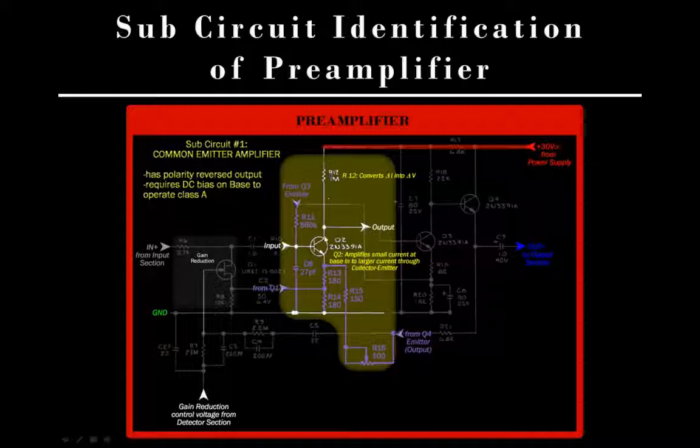R12 connects from the collector to a positive voltage. So that's there in the place of the typical R3, and it's converting changing current to changing voltage. So R12 is the only component that we know actually what it does now. Q2 as well, we know that's the main component in this common emitter amplifier.